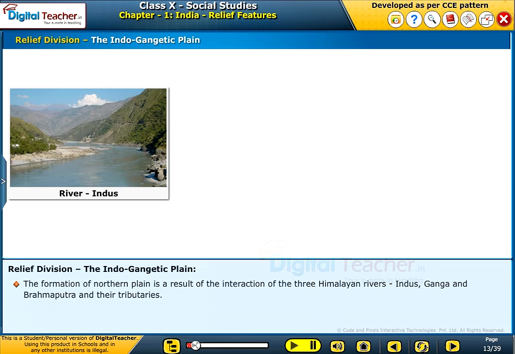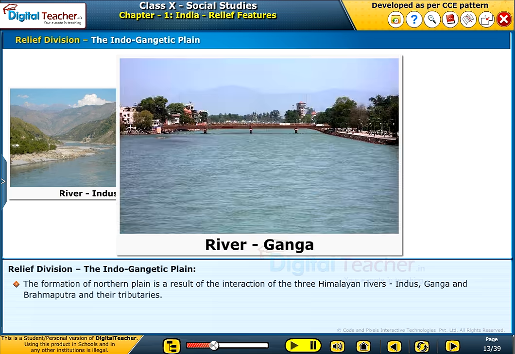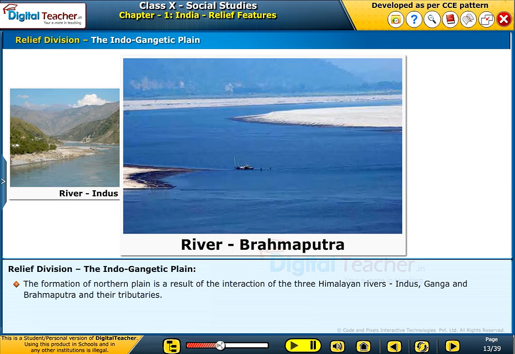The formation of northern plain is a result of the interaction of the three Himalayan rivers Indus, Ganga and Brahmaputra and their tributaries.